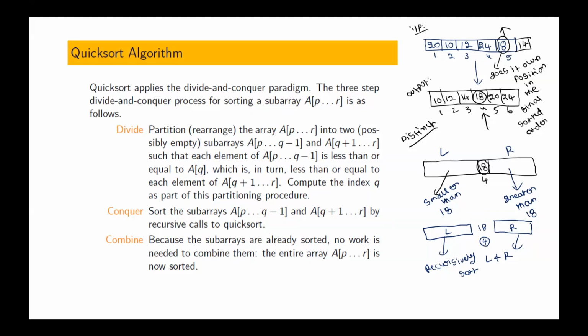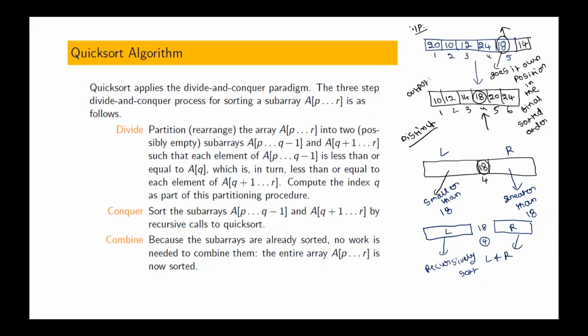And the elements to the left of that selected element are smaller than that element, to the right are greater than that element. So that we will get two new arrays, subarrays. One is to the left of the selected element, the other one is to the right of the selected element. And these two subarrays, again, recursively, we sort. Is that clear? Or is there any doubt in this?